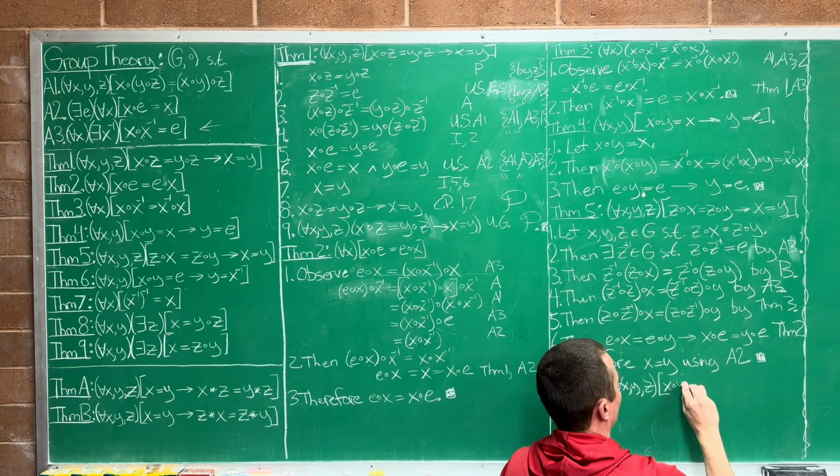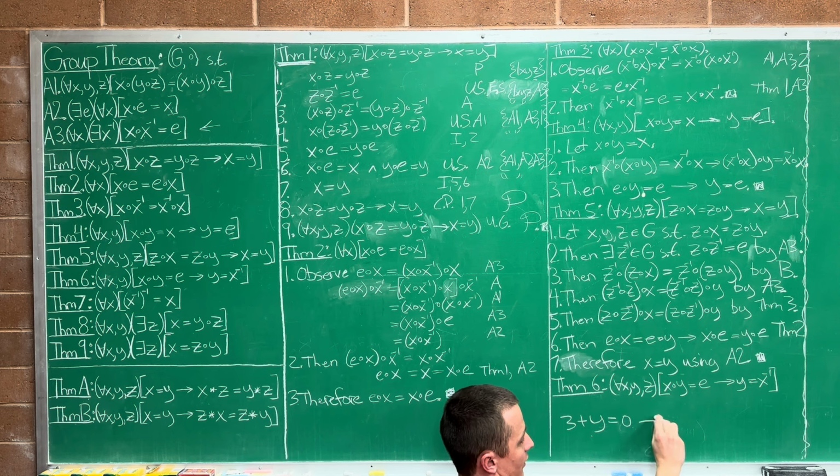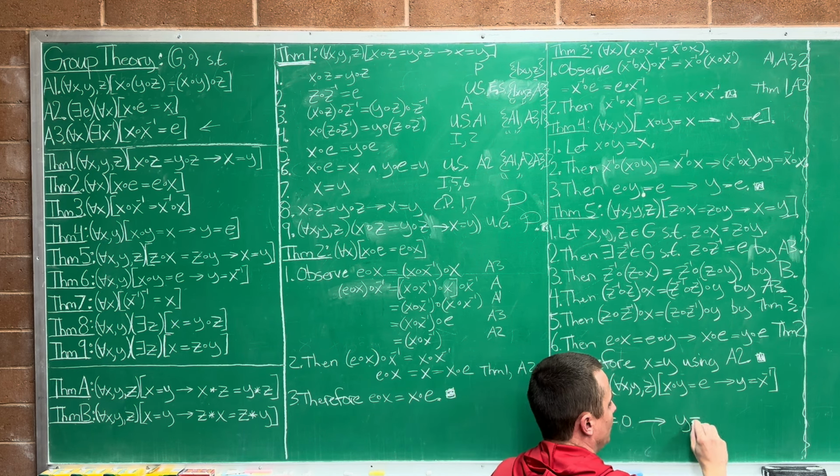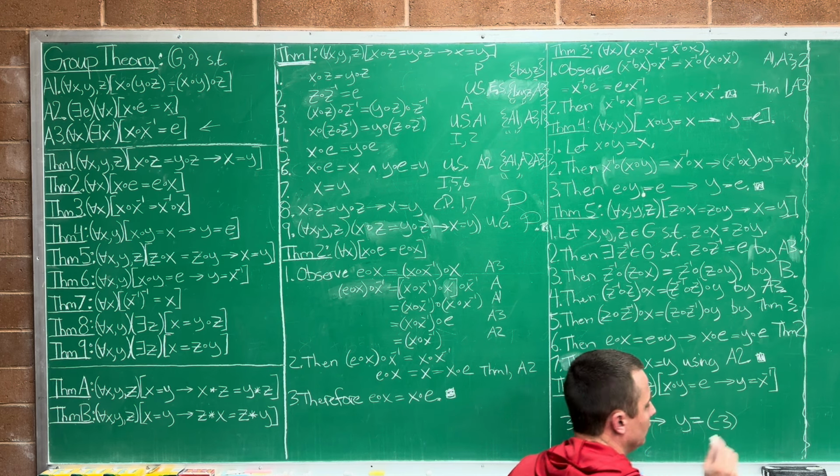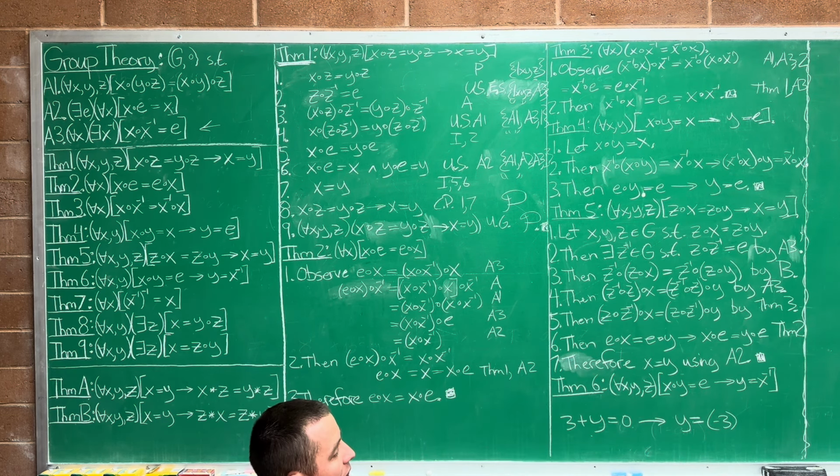Let me give you a concrete example of this. If I knew that 3 plus y was equal to 0, that must have meant that y was equal to 3's inverse element, namely negative 3.